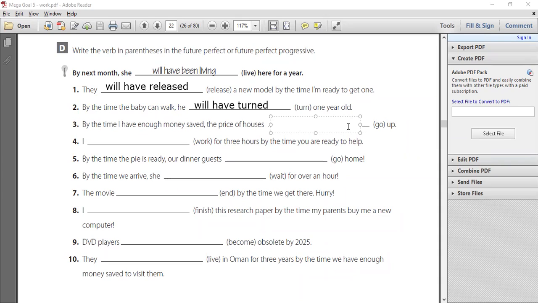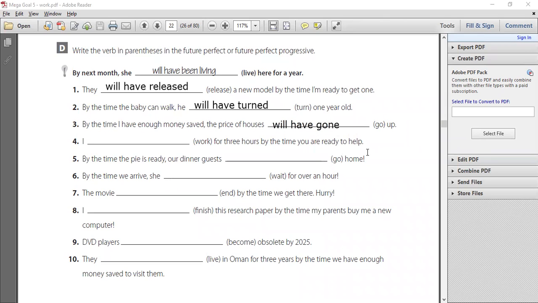By the time I have enough money saved, the price of houses goes up. Remember, we're going to use future perfect or future perfect progressive. So whether you're going to say will have gone or will have been going. Will have gone. Yes, thank you so much. Will have gone up.